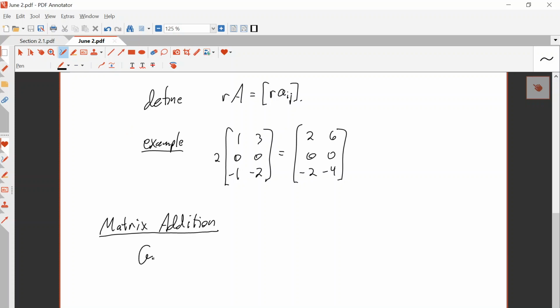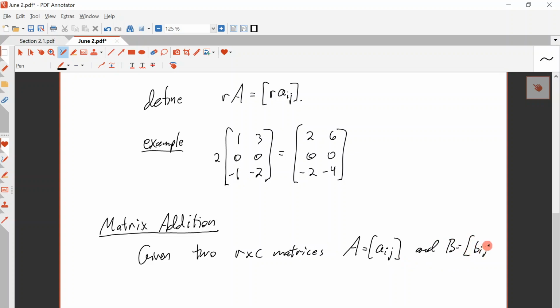Given two matrices of the same size, A equal to Aij and B equal to little bij, define A plus B to be the matrix whose entries are the sums of the corresponding entries in A and B, just like we had with vectors.